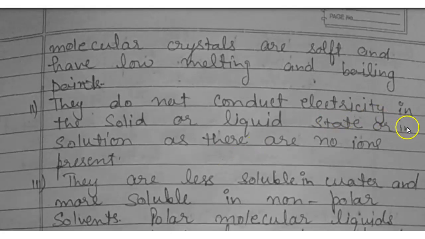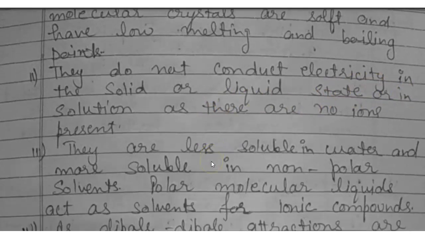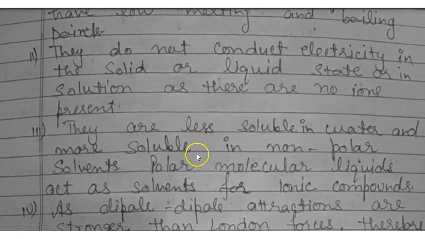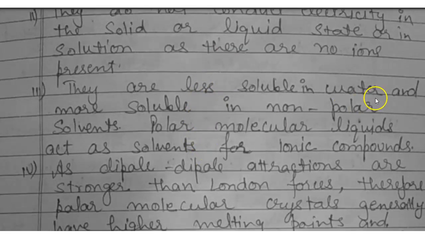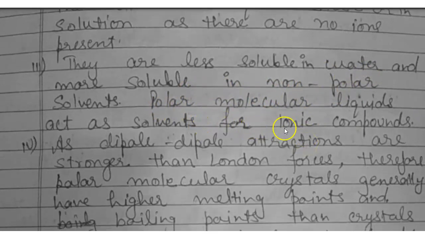They do not conduct electricity in the solid or liquid state or in solution as there are no ions present. They are less soluble in water and more soluble in non-polar solvent. Polar molecular liquids act as solvent for ionic compounds.